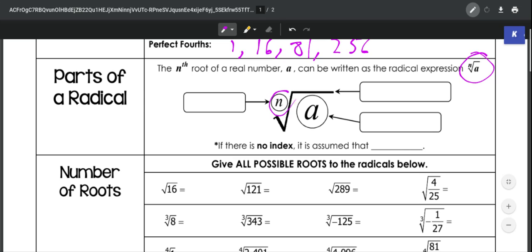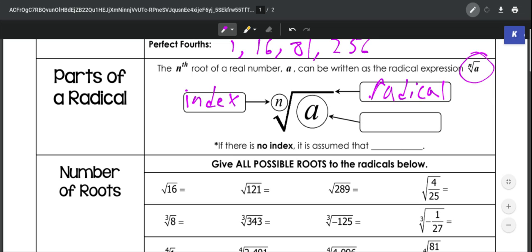What we call that number, so in this case, if we have a cube root, 3 is our index. So whatever that little number is on the top of our radical, that is our index. The sign itself, I think we probably all know, is a radical sign or a square root, but we call it a radical.